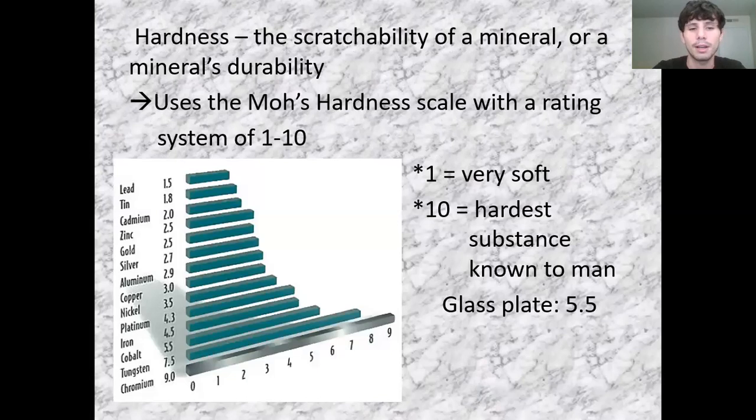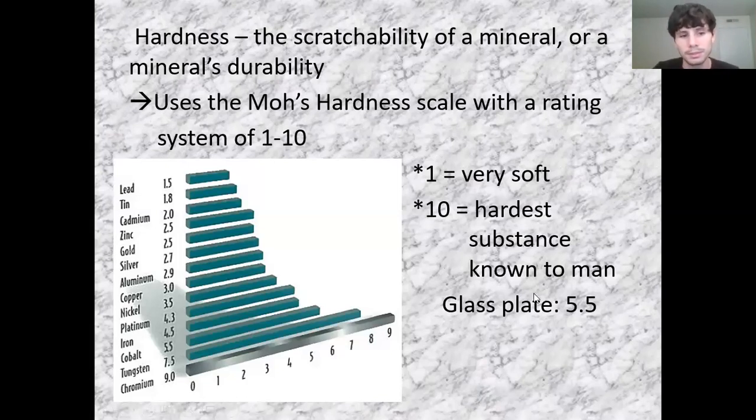All right, so next up is the property hardness. Hardness is more of a comparison type of property. It's a mineral's durability when compared to other materials. You guys are using the Mohs hardness scale.